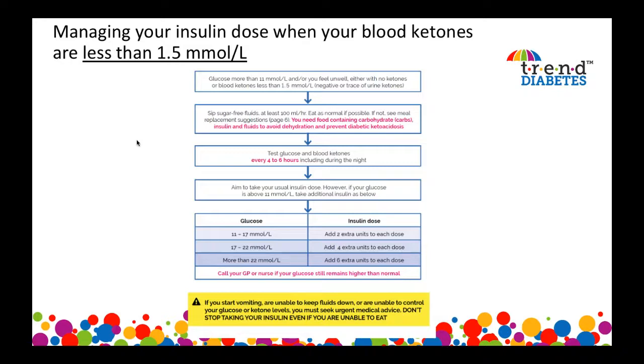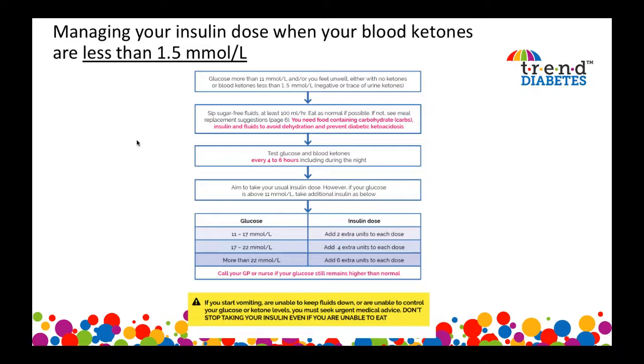It will tell you glucose between 11 and 17, you add 2 extra units. If it's higher than that, you add 4. If it's more than 22, you add 6. And if that doesn't resolve things, then you may seek other advice.